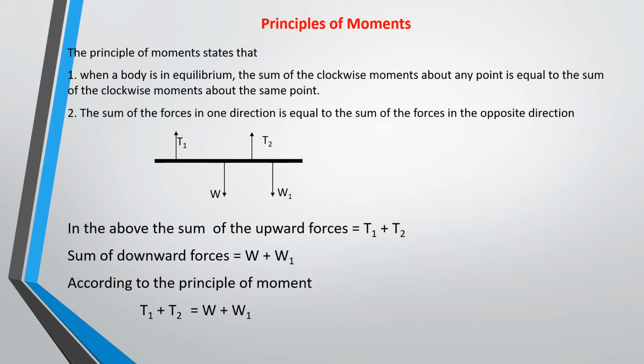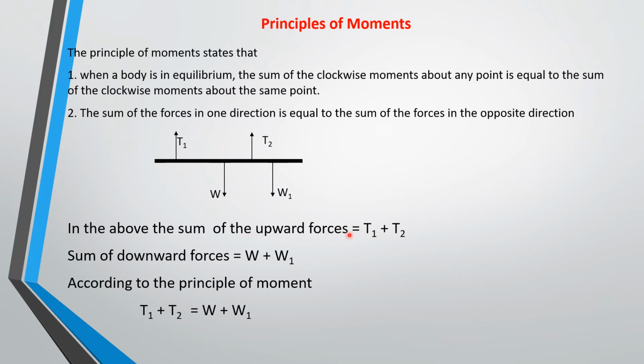Okay, we've already stated this. So this is what we said now, that the sum of the forces in one direction is equal to the sum of the forces in the opposite direction. So if you have a setting like this, it means that T1 plus T2 is equal to W plus W1.